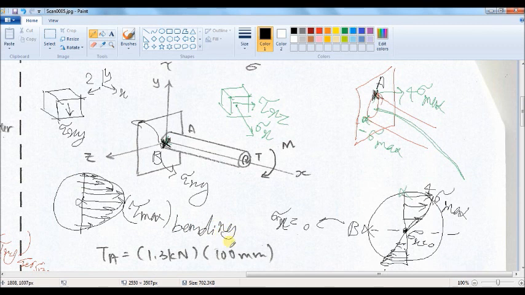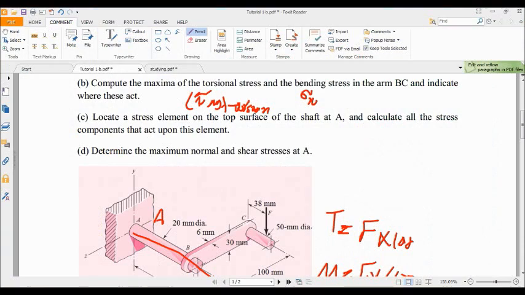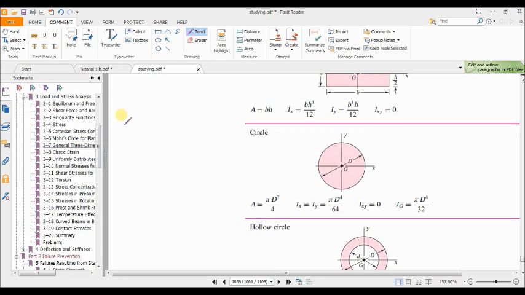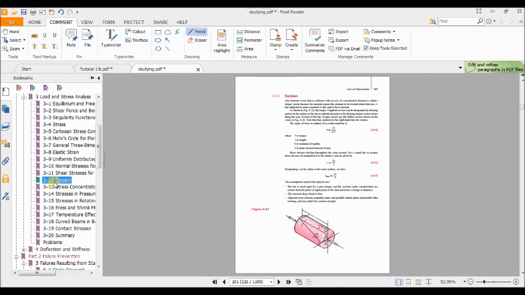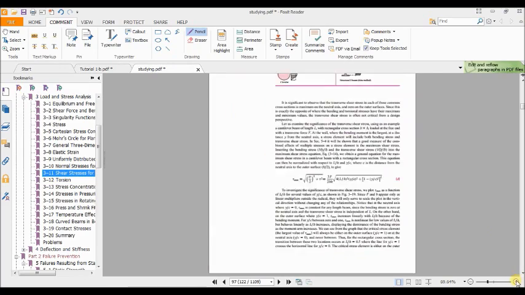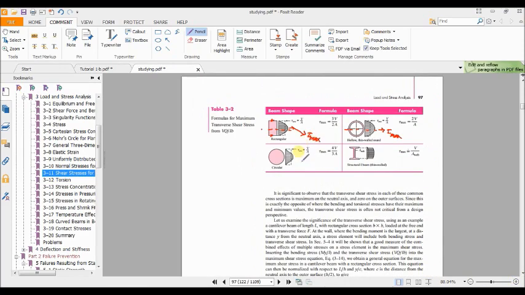So again here we have the maximum shear stress due to the bending. And how can we find this maximum shear stress due to the bending? We can refer to our textbook, section shear stress for beam in bending, this table, table 3.2.